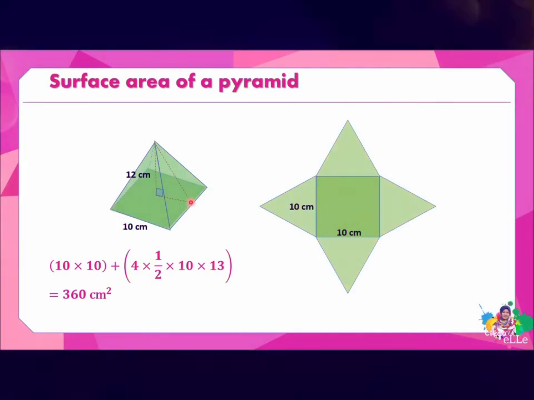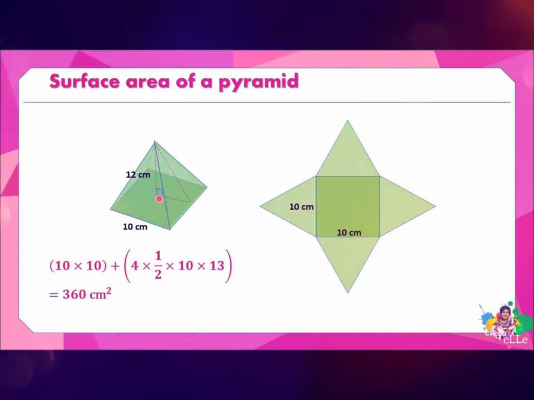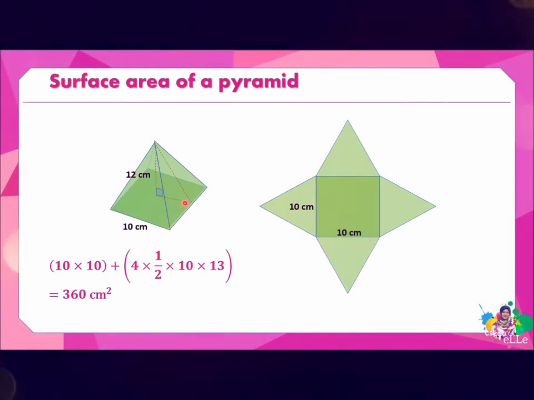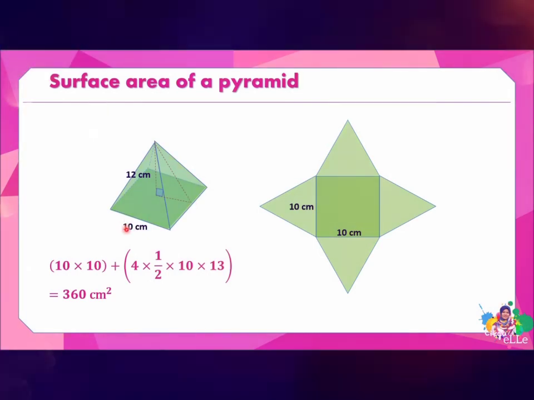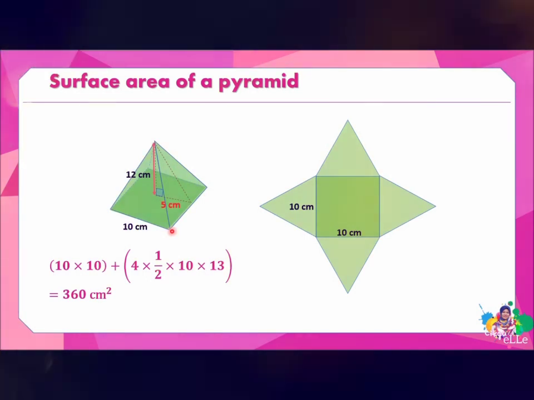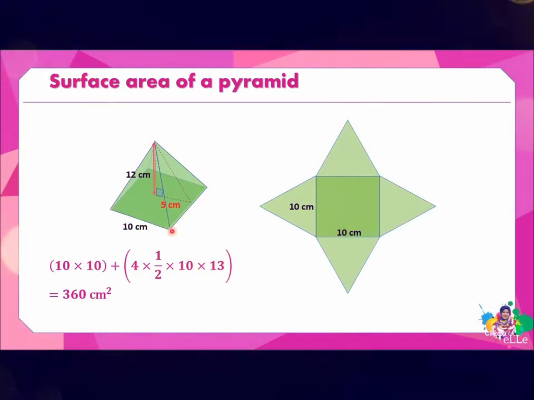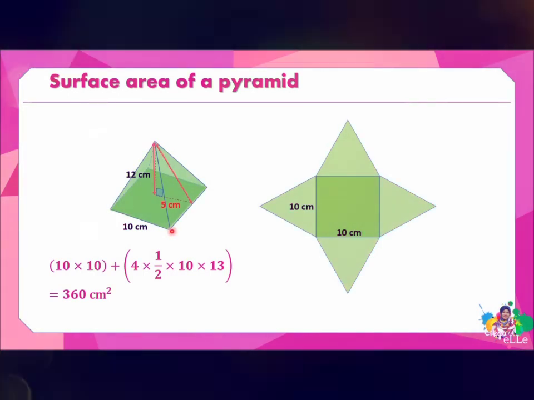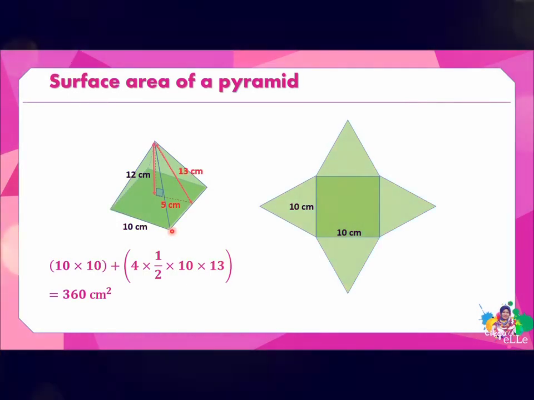How to find the slanting length? You have to know this one first. This length is half of this length, 5 centimeter. So by using Pythagoras theorem, you can find the slanting length of this pyramid, which is 13 centimeter.